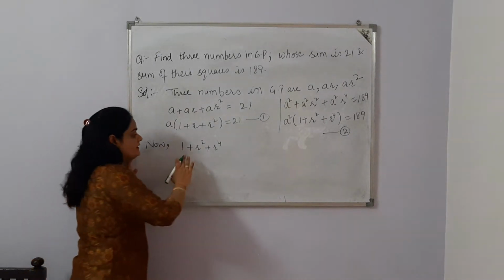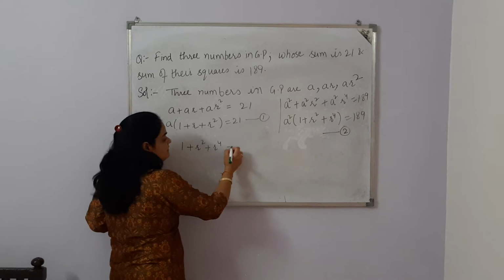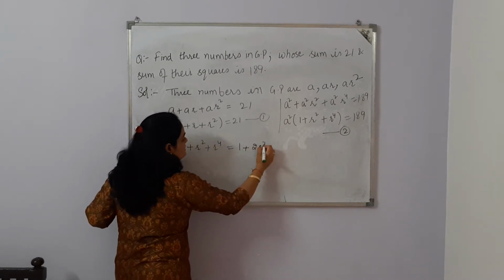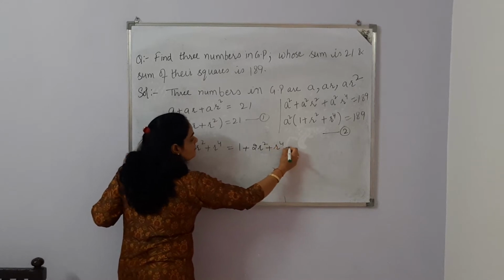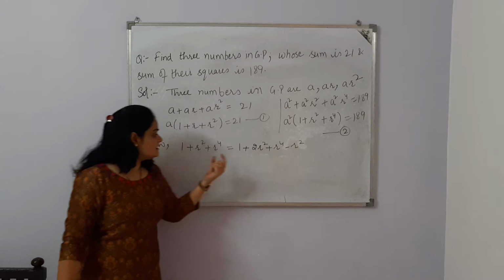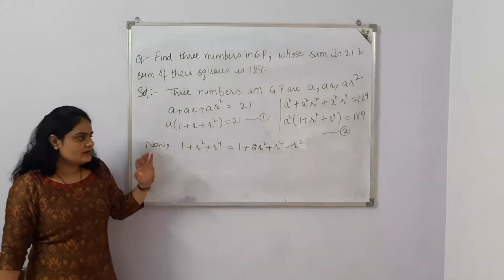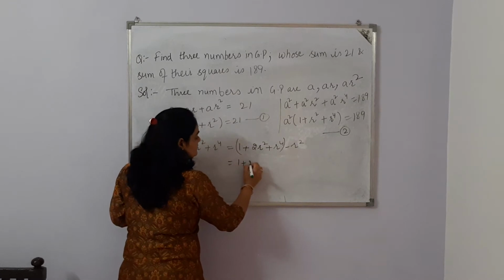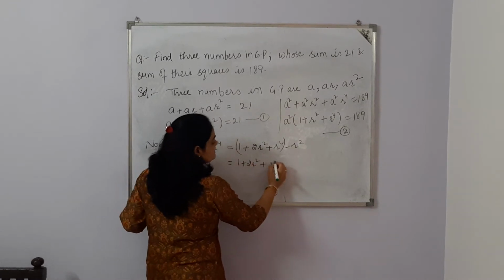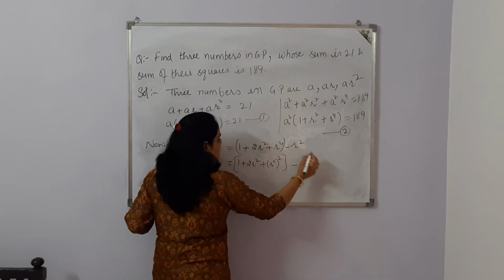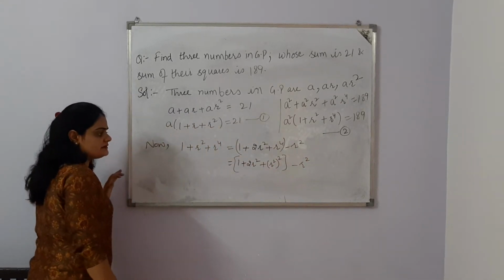So what I am doing, 1 plus r square plus r to power 4. Can I write plus r square minus r square? It is 1 plus 2r square plus r square whole square, with r to the power 4 and r square separate, minus r square.